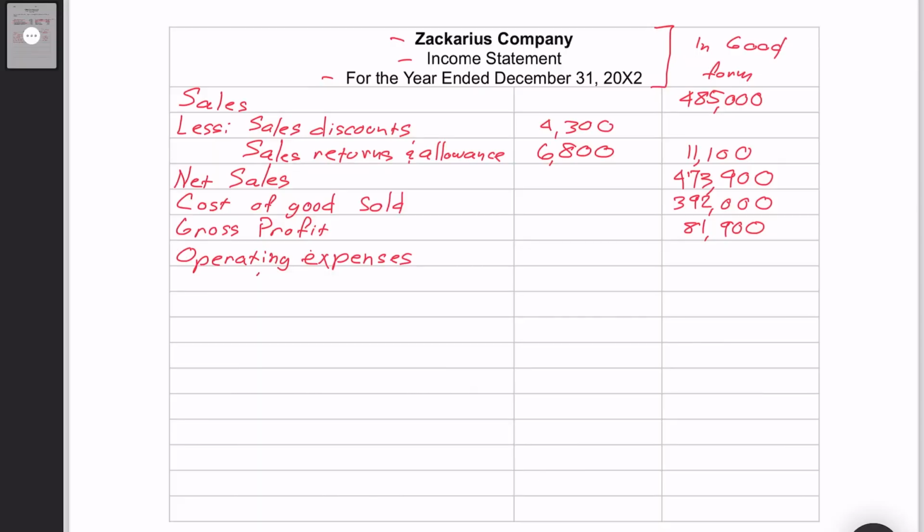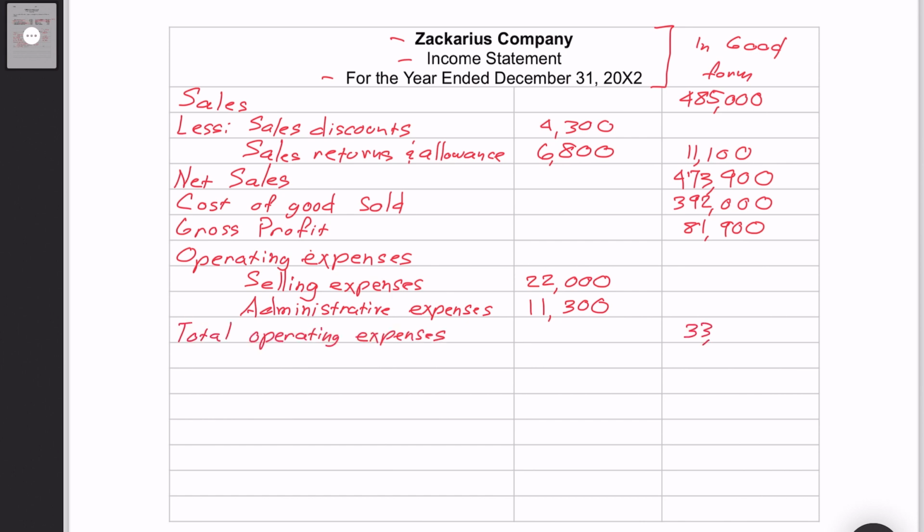So we see that we have selling expenses of $22,000. I also have administrative expenses of $11,300. Now this is going to be my total operating expenses of $33,300.